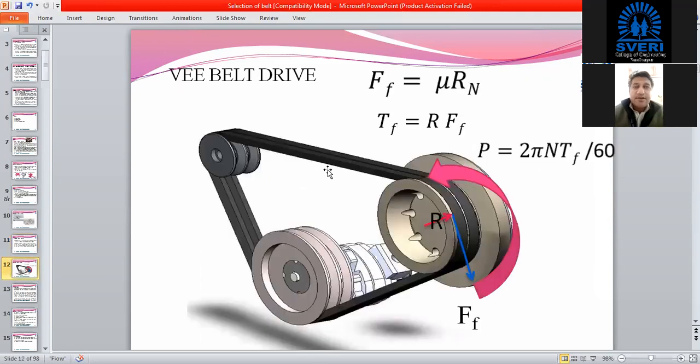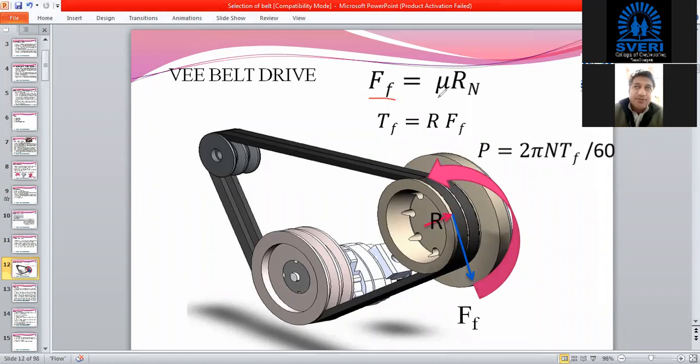Then next, we can see the V belt. We are not concentrating more on the round belts because the very commonly applied belts are flat belts and V belts. Now you can see the pictorial diagram of the V belt, which is used in an IC engine. In this case, as I have already told you, power is transmitted by means of friction.